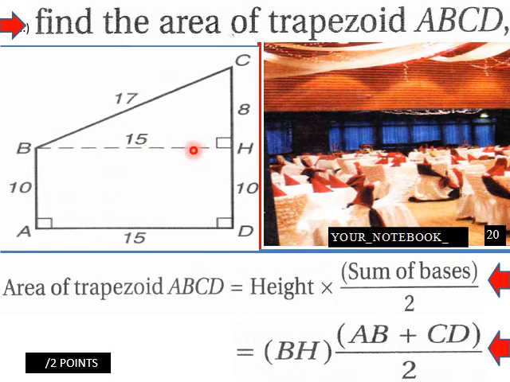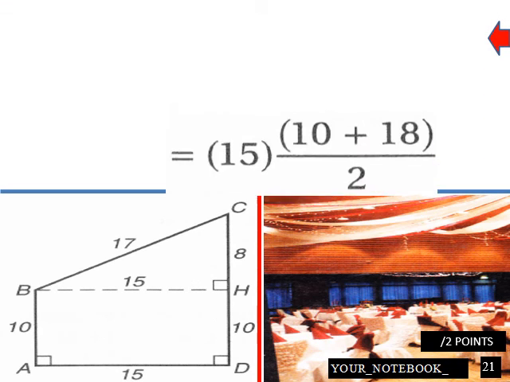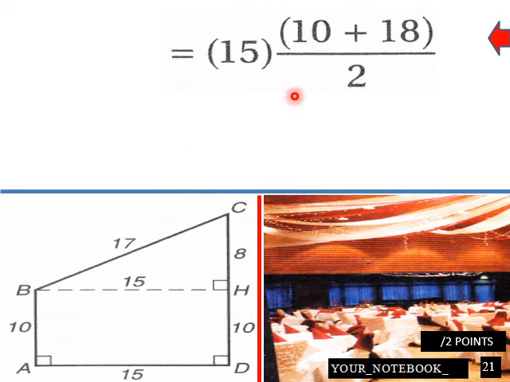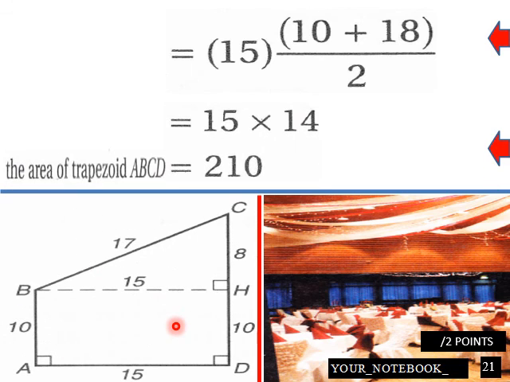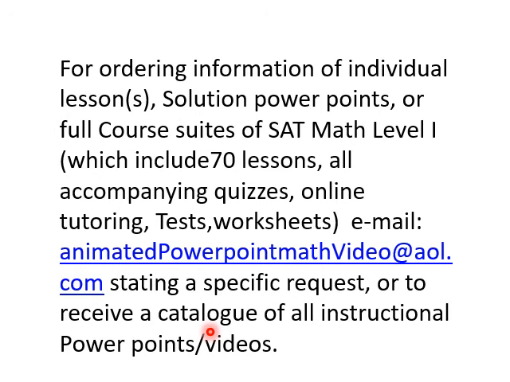Our height is BH times AB plus CD over 2. So it'll be 15 times 10 plus 18 over 2, 10 plus 18 over 2. This would give us 15 times 14, which would be 210.